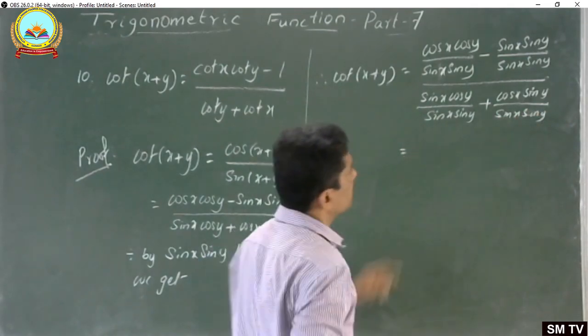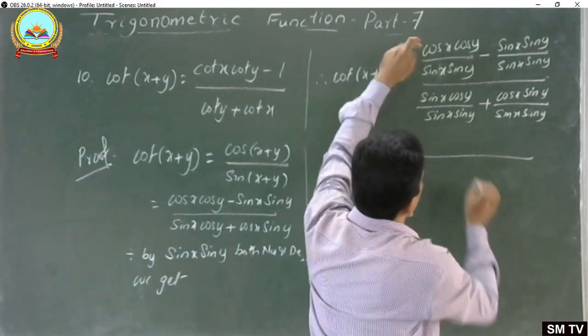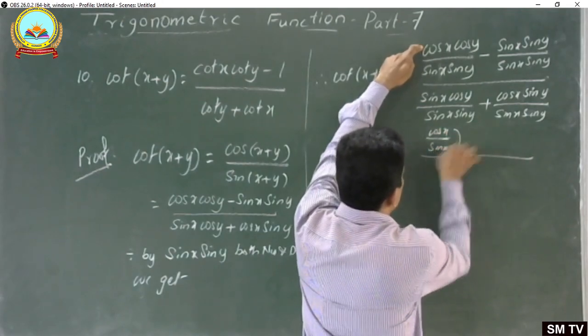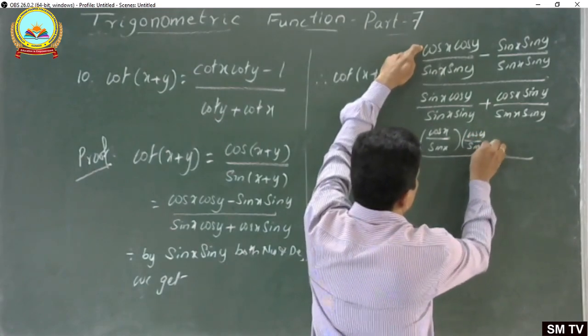Therefore, simplifying, just rewrite: cos x divided by sin x into cos y divided by sin y.